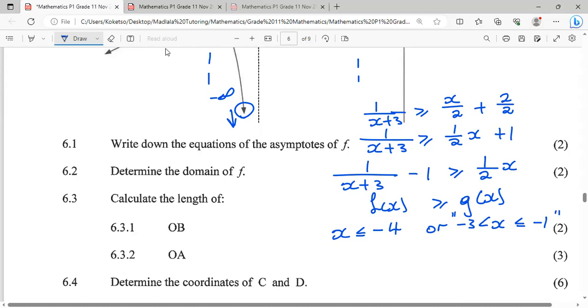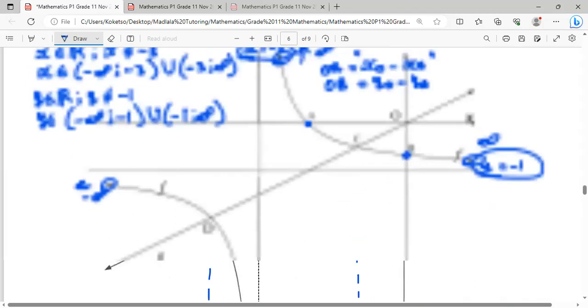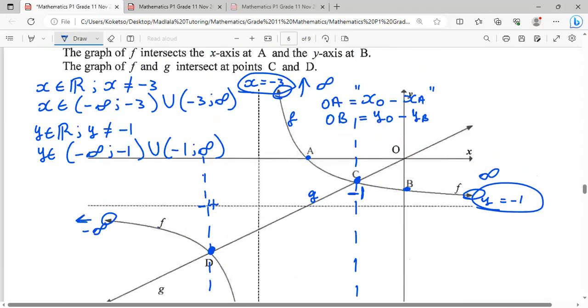But of course, at exactly -1, the two functions are equal. So we include -1. But if you look from -1 all the way to infinity, the function g is always above the function f. So it's not the solution we are looking for.